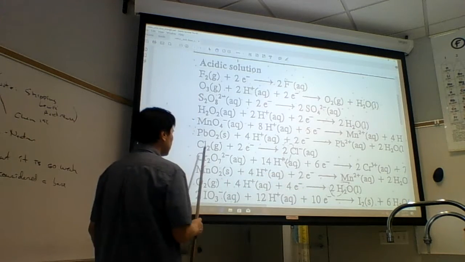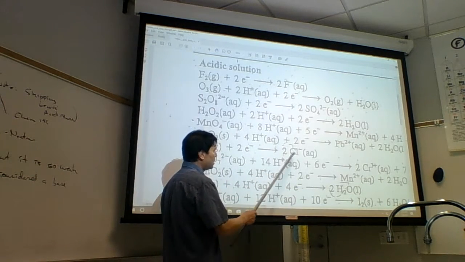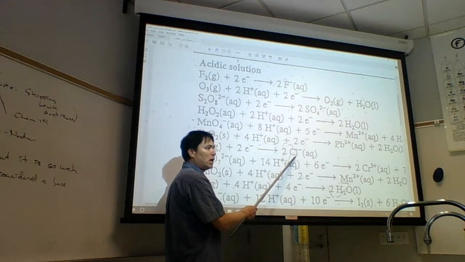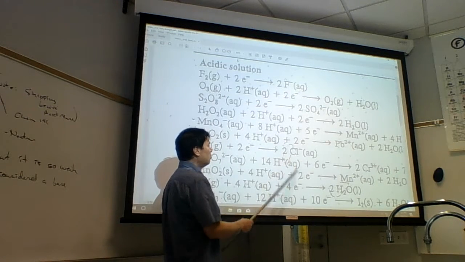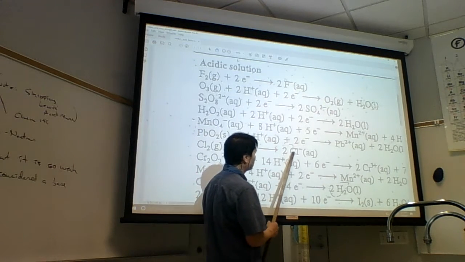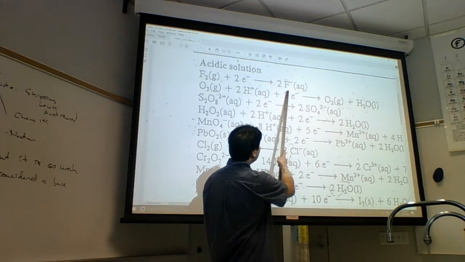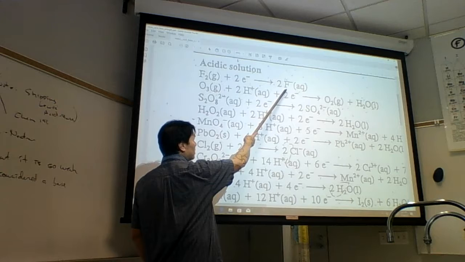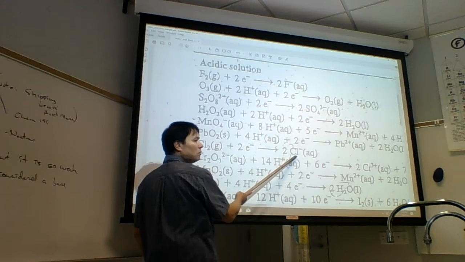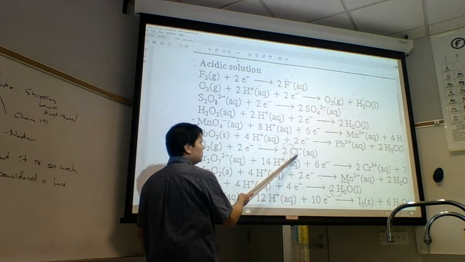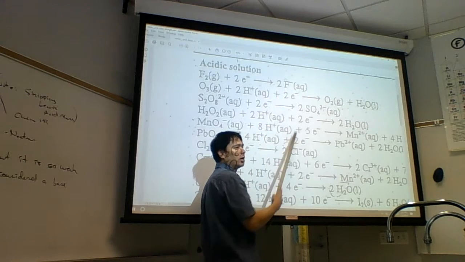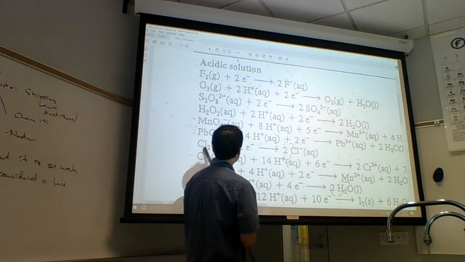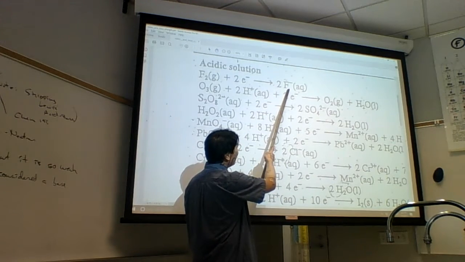So chlorine will not oxidize chloride, it will result in a tie. If something holds on to its electrons more tightly, like fluoride, then there's no way chlorine can oxidize fluoride, because fluoride holds on to the electrons much more tightly than chloride. In other words, fluoride is an even weaker reducer than chloride. And so if chlorine tried to oxidize fluoride, nothing would happen.